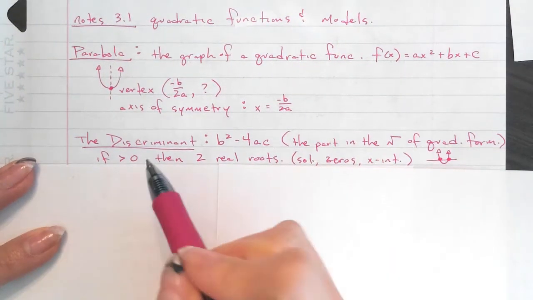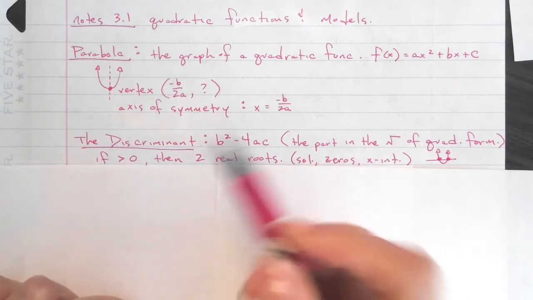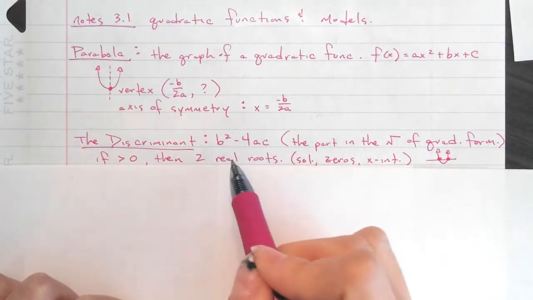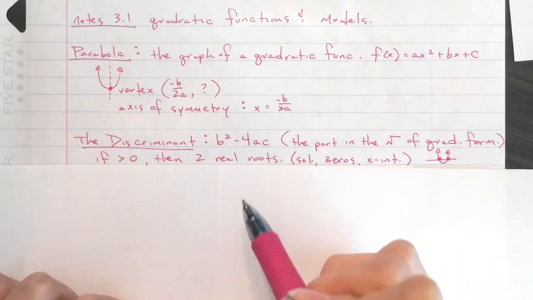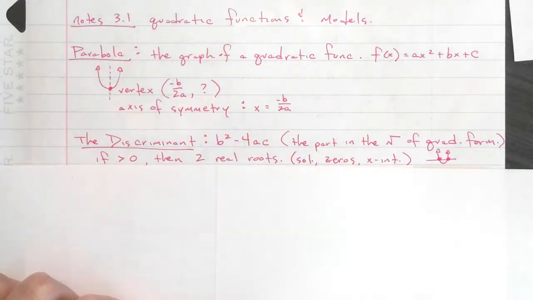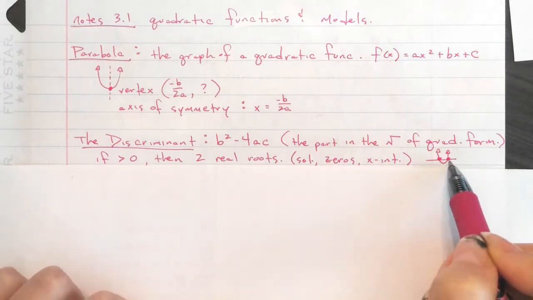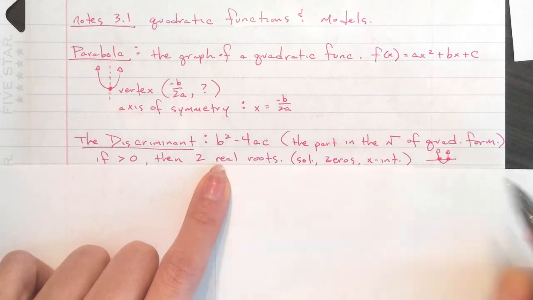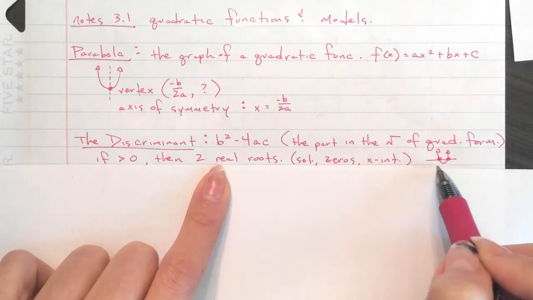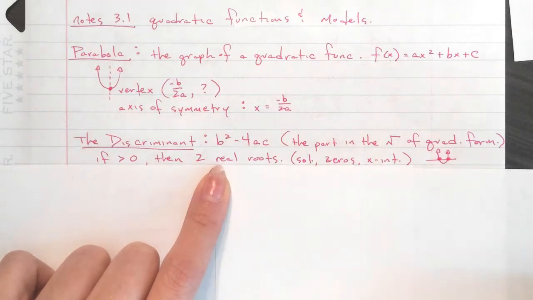So if the discriminant is positive, so greater than 0, then what you end up with is 2 real roots. What are roots? They're called zeros, they're called solutions, they're called x-intercepts, because when you graph a parabola, that's what you find. Your 2 real roots are literally your x-intercepts. So it might look something like this. It could be a parabola going down, but it's still going to cross the x-axis twice.